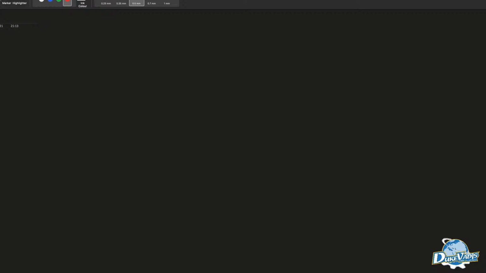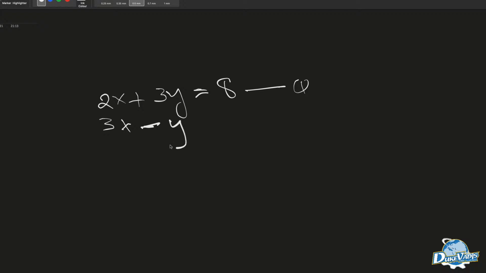So the question says 2x plus 3y is equal to 8 as our first equation, and the next one is 3x minus y is equal to 23 as equation 2.